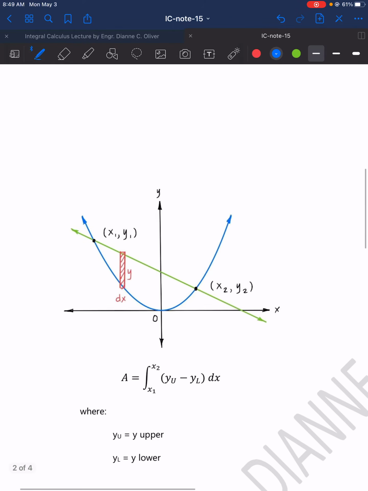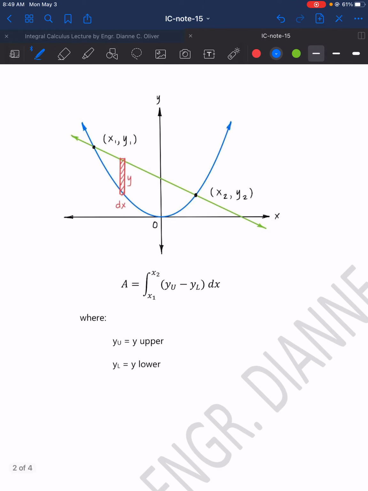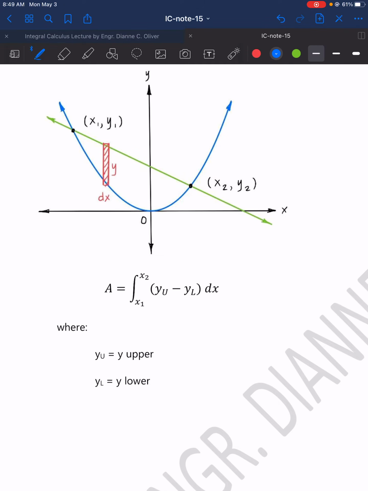But how about if we are looking for the areas bounded by lines and curves, or bounded by curves? So how do we get the area? Now here, looking at this figure, we only have two boundaries, the curve and the line.